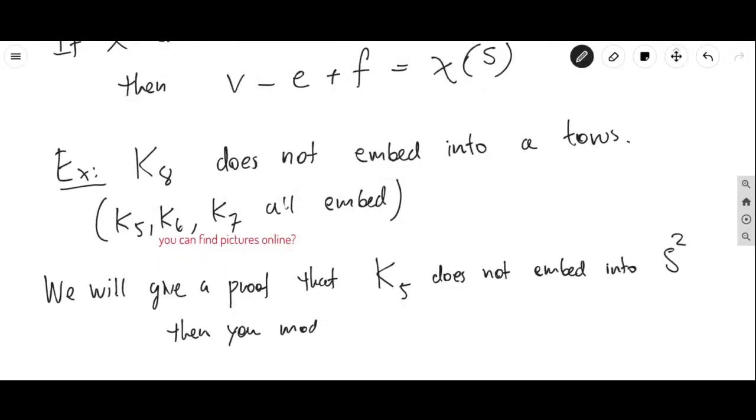And then you modify this proof for a torus. The proof that we're going to give why K5 does not embed into the sphere is a generalizable type of argument. That's the type of argument that you can also do for other types of graphs.